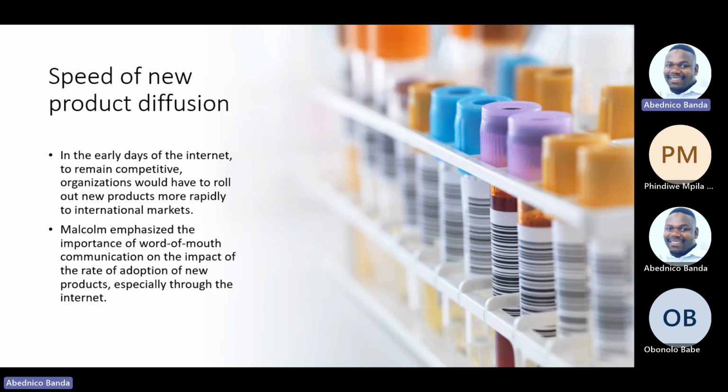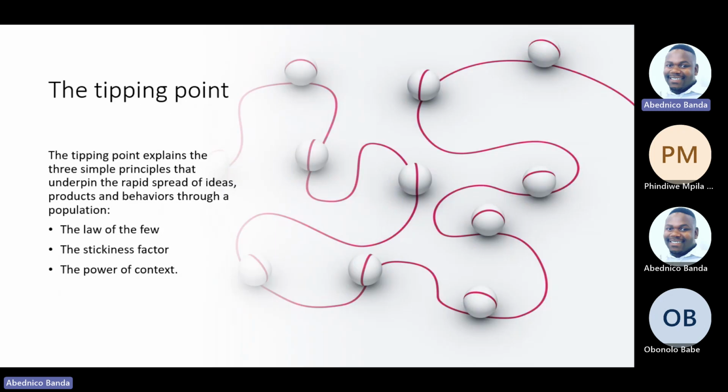So think about companies like Shein, Amazon, and Alibaba, how they are competing in international markets with local companies like Zando, Superbelist, Takealot, and so forth. So you need to think about the speed of new product diffusion, especially if you operate in a digital space. And the moment you do not consider the product that you're offering in the digital space, it is easy to be kicked out of the competition.